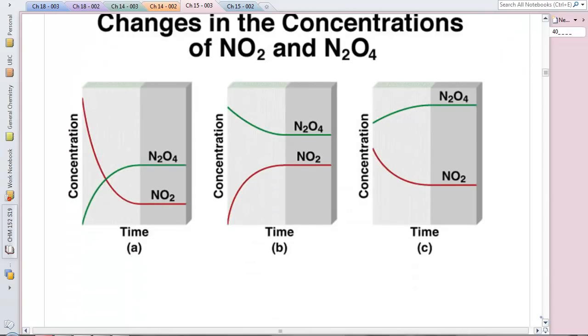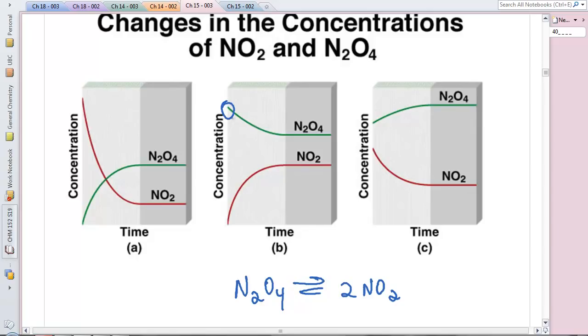Now, I wanted to show you this slide because it's going to take a little while for you to wrap your minds around this. We typically do start reactions with just reactants. Remember this reaction, we were showing N2O4 going to 2NO2. So this is the situation we typically would think about.